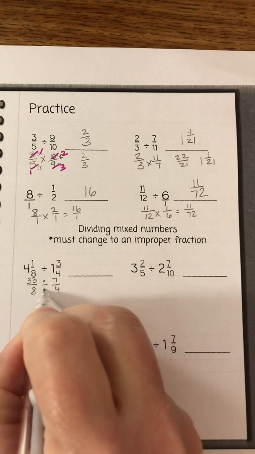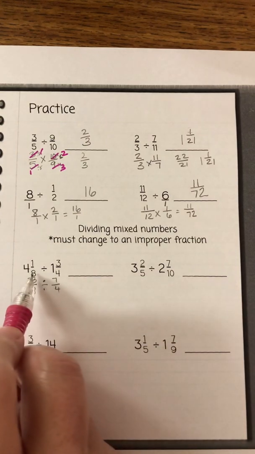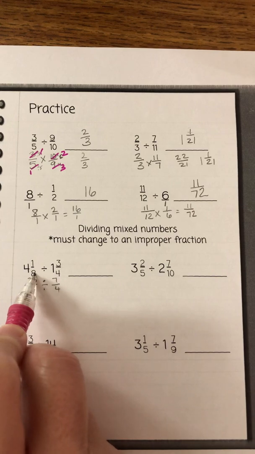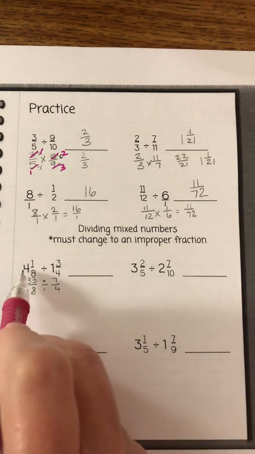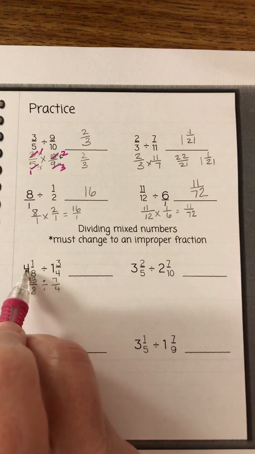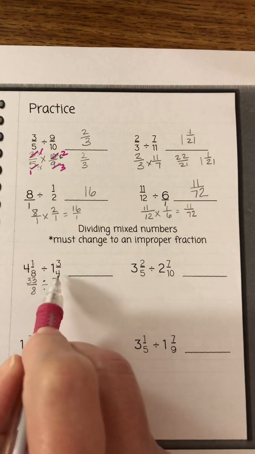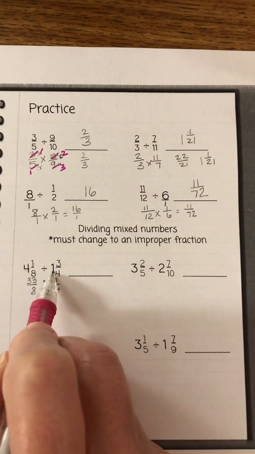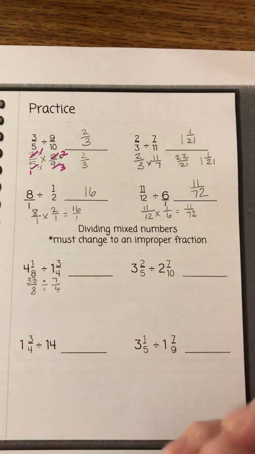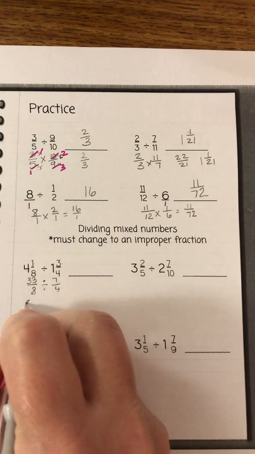Now, how did you get those improper fractions? Well, remember, denominator times the whole number, so that's 32, plus 1 is 33. That's where 33 came from. 4 times 1 is 4, plus 3 more is 7. Now we can kiss it.